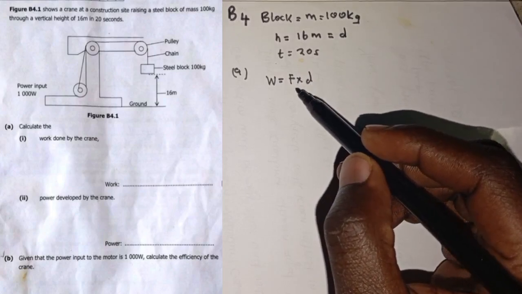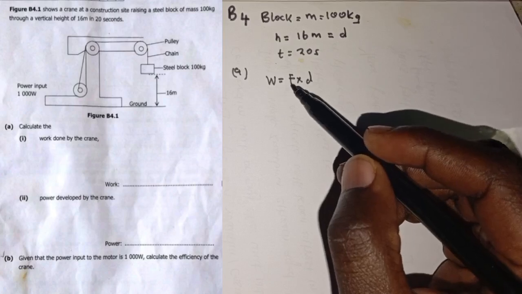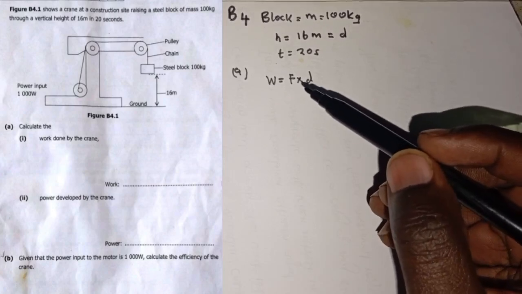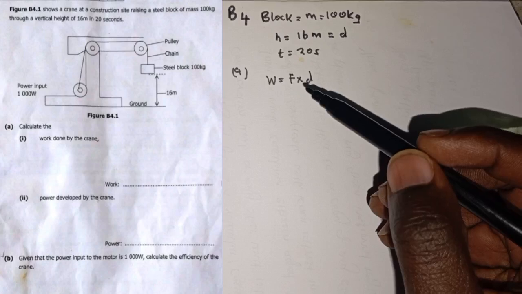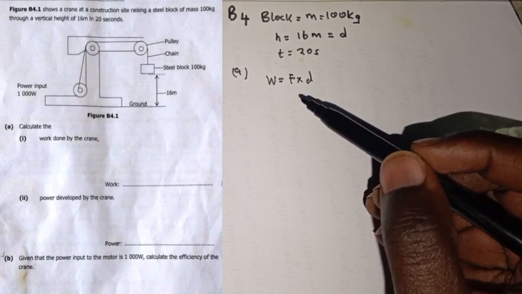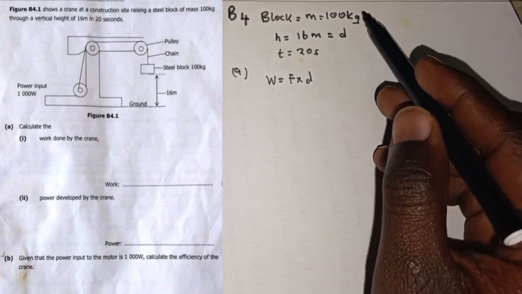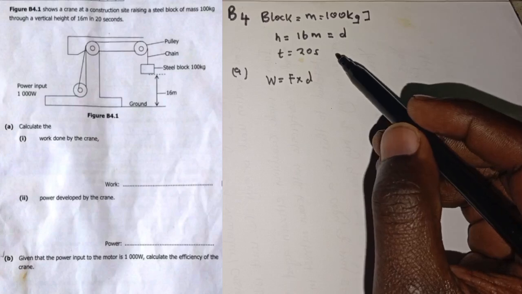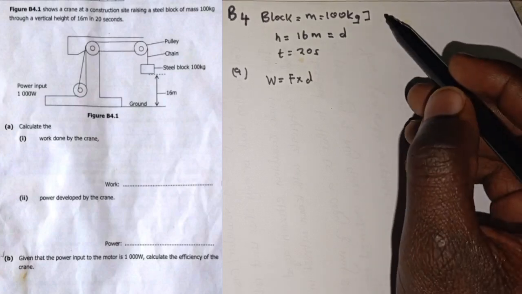So the force now is the force that this crane is using to lift this thing up, the force that is actually being overcome. So we are going to convert this mass to weight, to get the force.